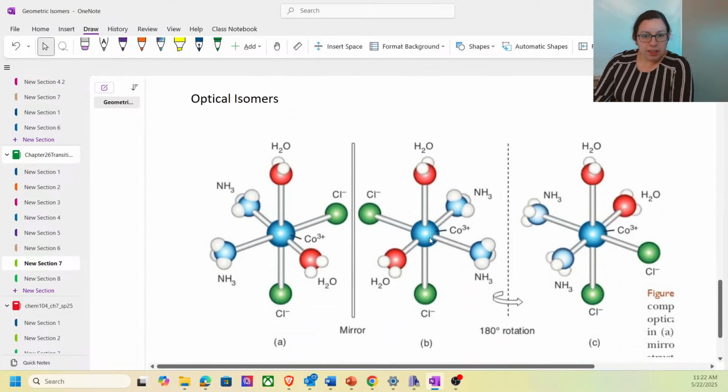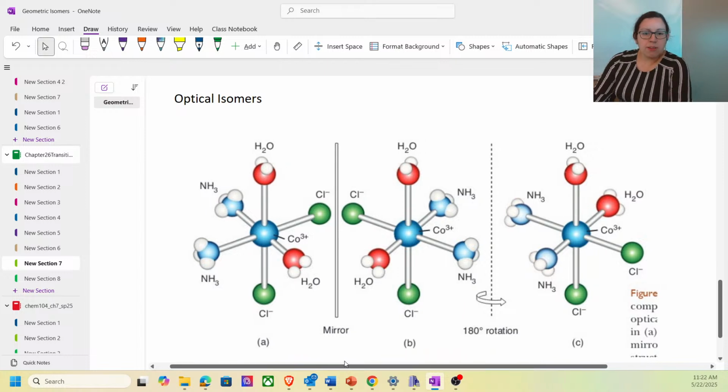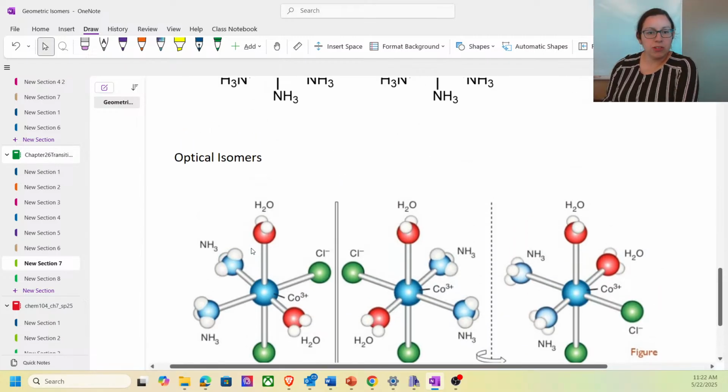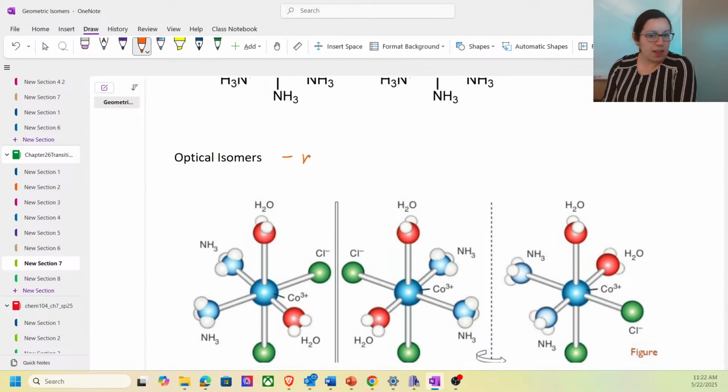And so then, again, we have our optical isomers. And optical isomers, we should just define as non-superimposable mirror images.